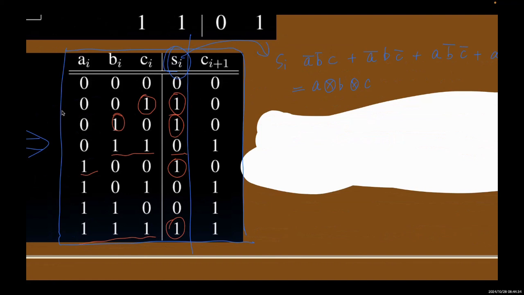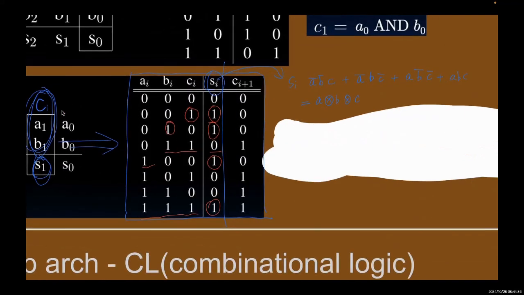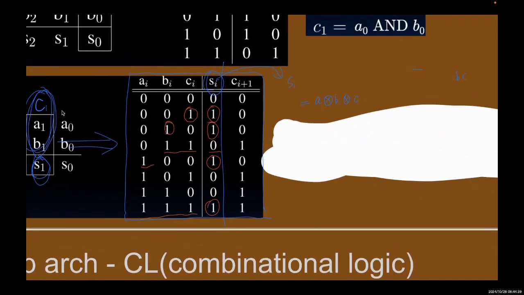This is XOR, so we can make it easier: it's just A XOR B XOR C. Is that clear? Yeah. Okay. And next we go to Ci plus 1, the other output.